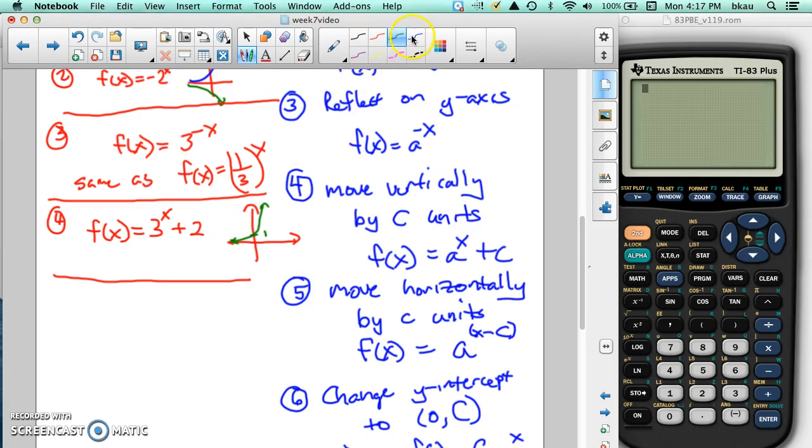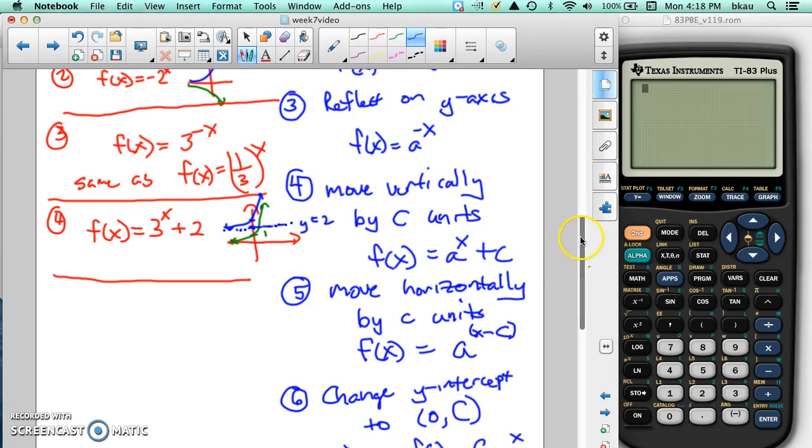And our next graph would cross through 3. So it would move it up. That means the asymptote here at 0 would move up to 2. So our asymptote now is y equals 2 because of this plus 2, and our graph looks like this. So this plus 2 causes a vertical transformation, but it also causes that asymptote to move up.